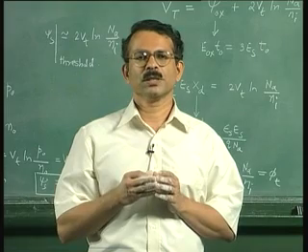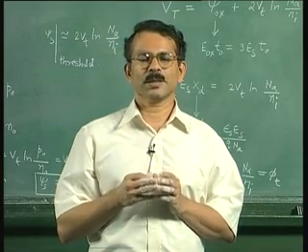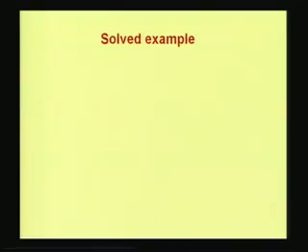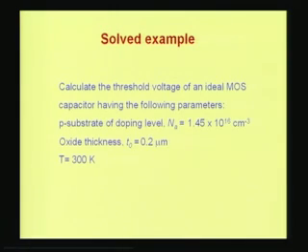So now it is useful to get some feel for what kind of values we get for the threshold voltage. So we will do a solved example. The solved example is, calculate the threshold voltage of an ideal MOS capacitor having the following parameters: P substrate doping level of 1.45 into 10 power 16 per centimeter cube and an oxide thickness of 0.2 micrometer.